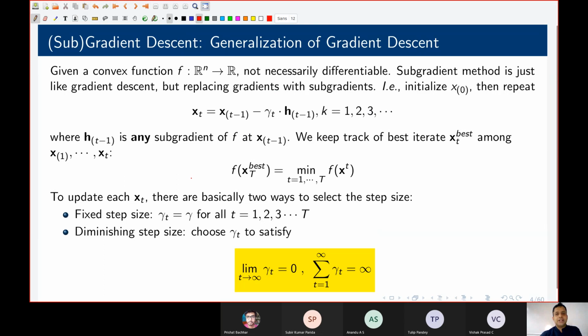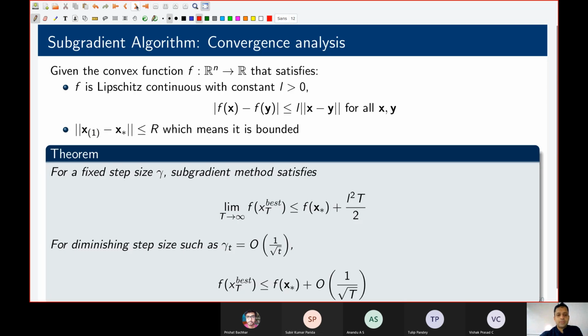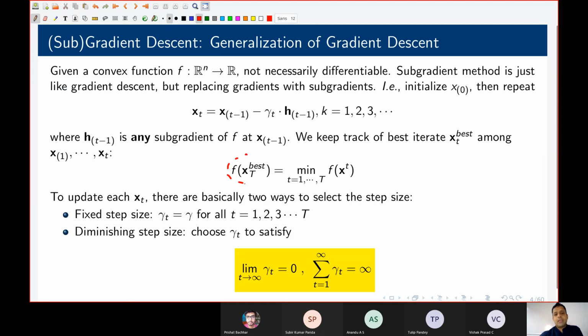When we do subgradient descent as a generalization of gradient descent, so for diminishing step size, this was something I gave you for reading, the claim that if you look at the best iterate, okay, by the way, we used best iterate because we are no longer assured that it's a descent algorithm.